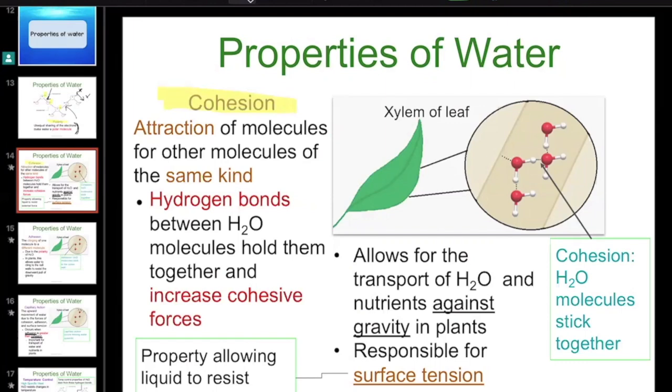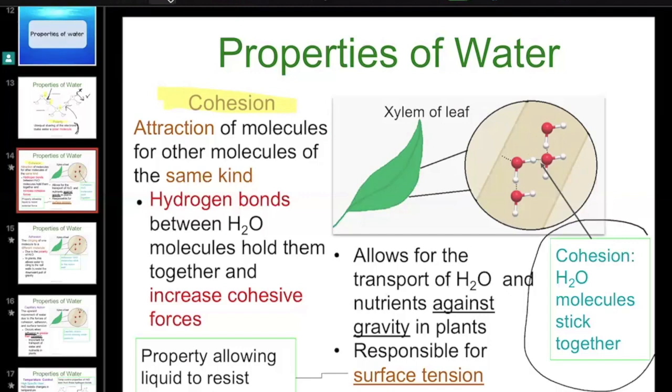They're both water, but they are attracted to each other because of the hydrogen bonds, and it's because of the polarity of the water molecule. This allows water to travel up against the pull of gravity in plants because it's almost like they're holding hands, right? The one going up first is holding the hands of the one below it, and it's helping them go up the root or the xylem of the plant, okay?